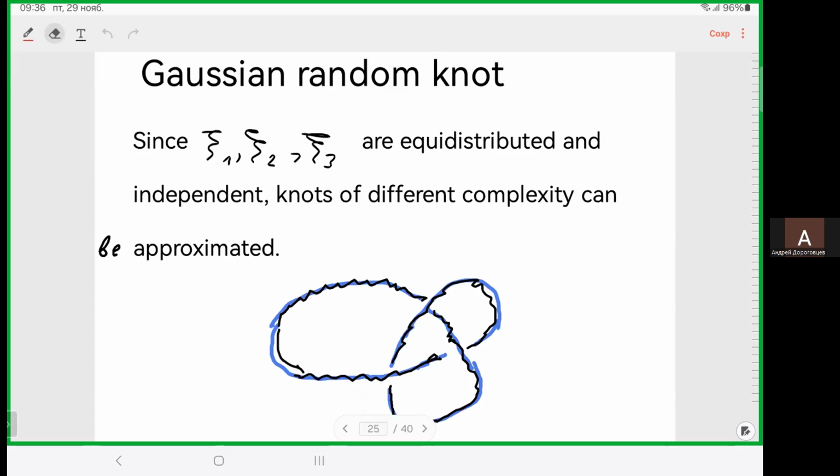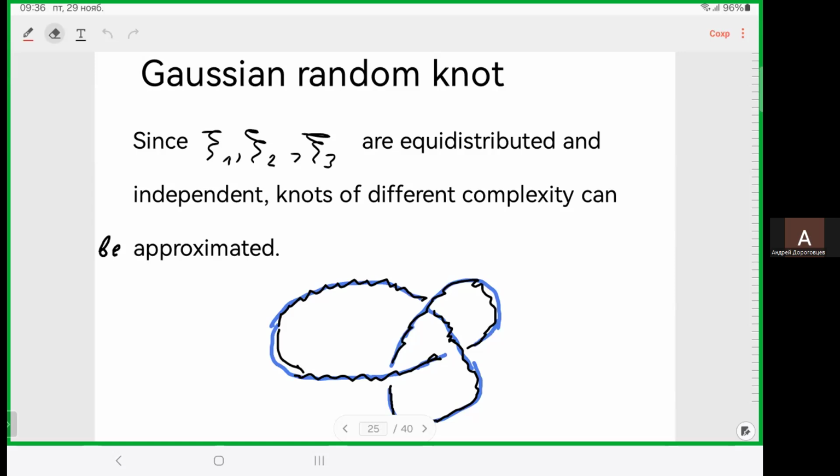Here I wrote, suppose that the blue line is some knot, the simplest non-trivial knot, the trefoil, and the black line is our random curve.